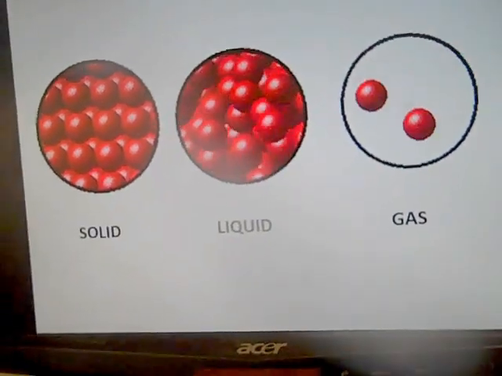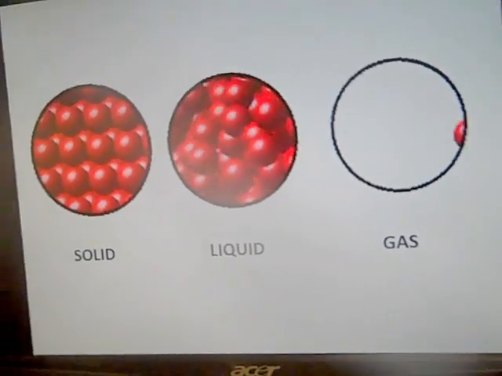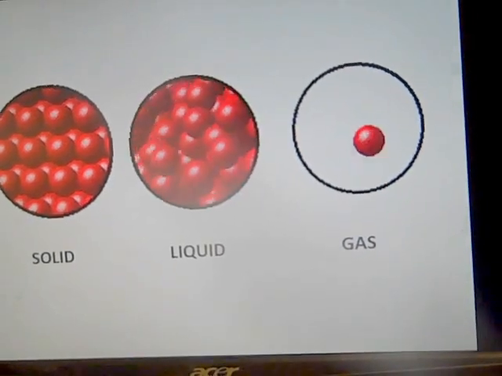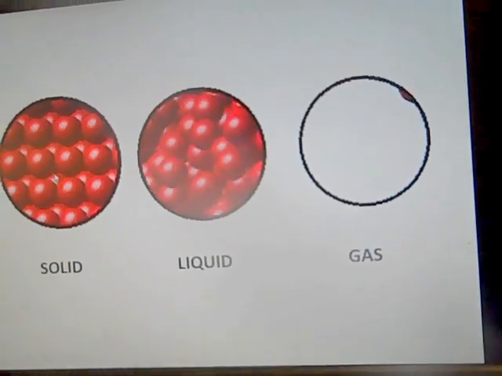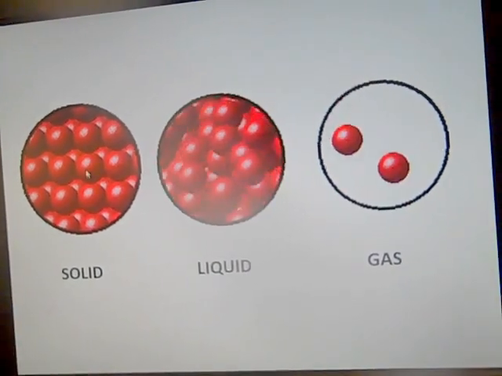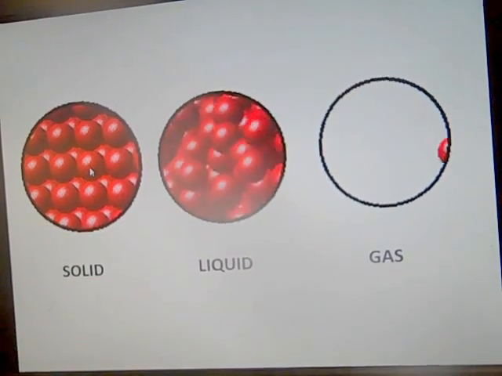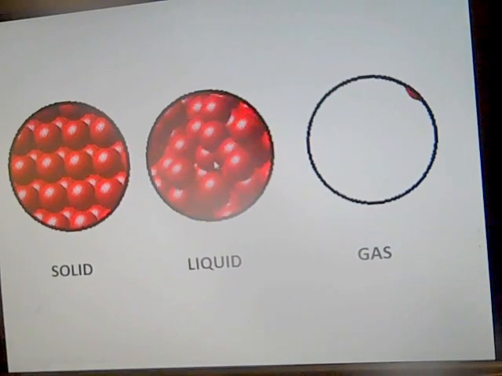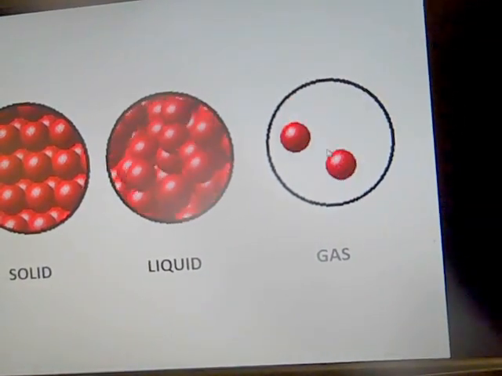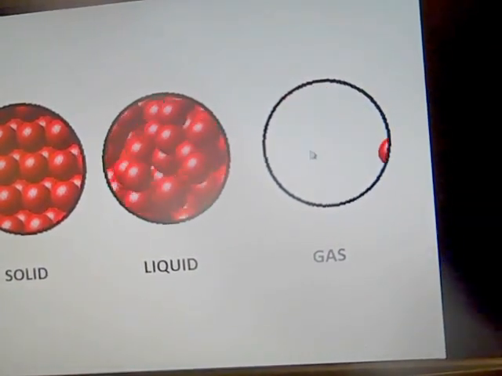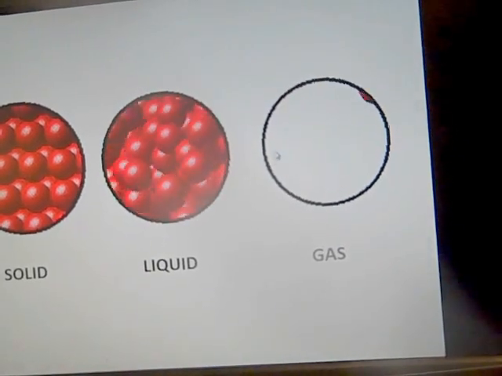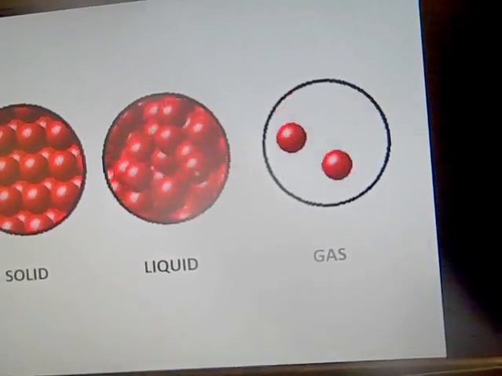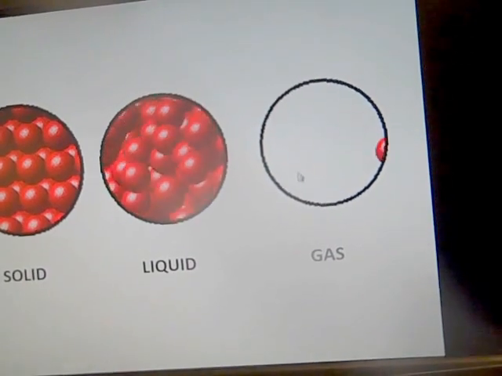Okay. And then right here, as we can see in this GIF file, solids have a little movement. Liquids have a little bit more movement, and then in the gas phase there's even more movement. So basically, you can see that there's more energy involved, where molecules move around a lot more.